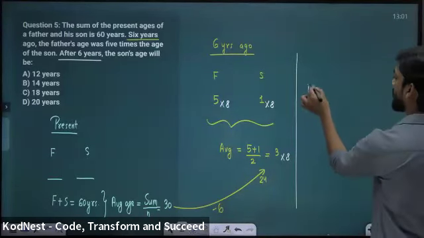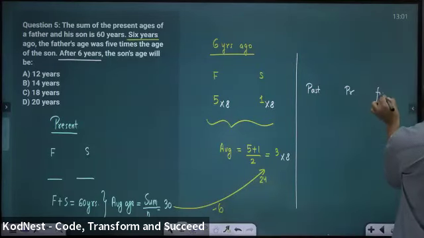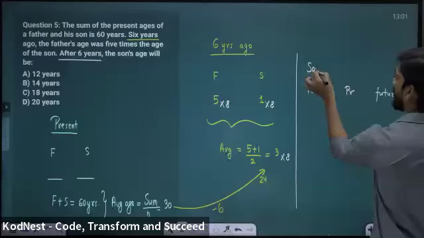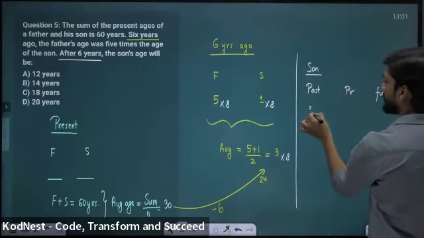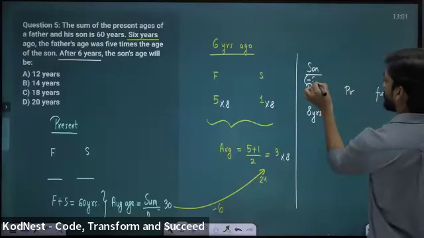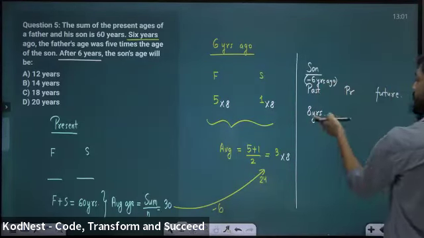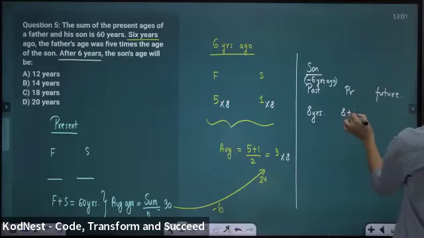So carefully see, the way I have started the chapter, I told you this: past and present and future. For son, I know the age in the past, that is 8 years. And this is 6 years ago. So present will come out as 8 plus 6.